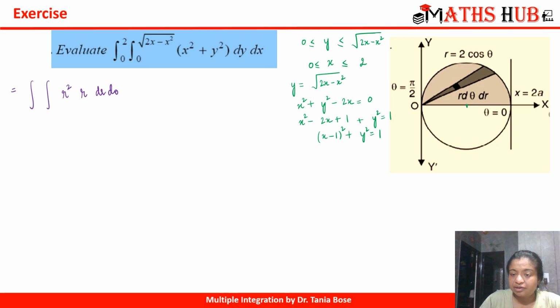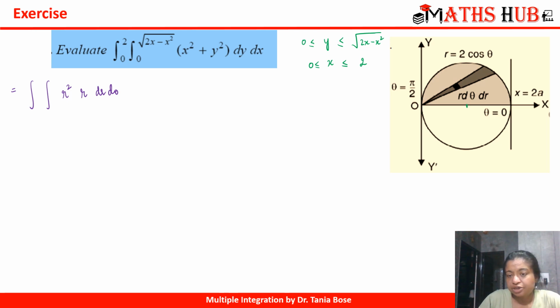Now from this semicircular region, let us find the limits of r and theta. Let us figure out the equation of this curve in polar coordinates. Since x square plus y square minus 2x was equal to 0, I can write this as x square plus y square is equal to 2x. If I convert this into the polar system, this is r square and 2x will become 2r cos theta.